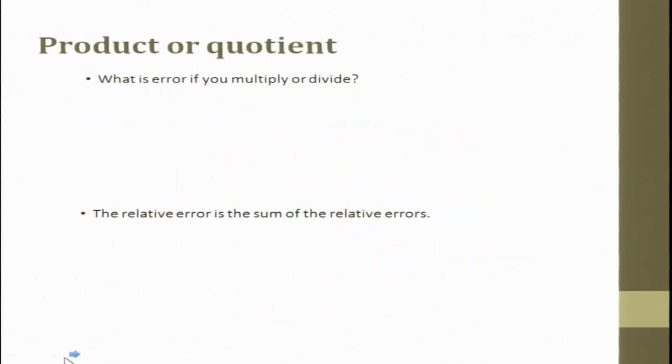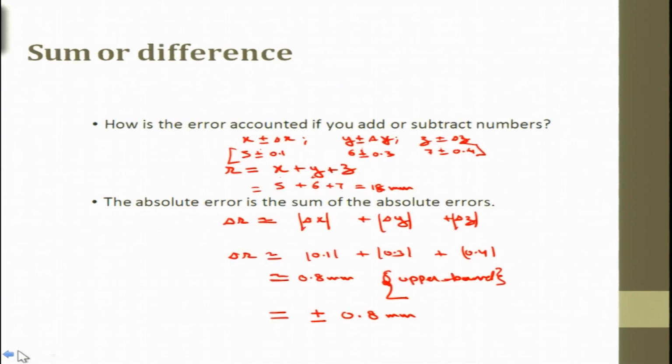So next is product or quotient. What if you multiply or divide the error term? I consider the same values, x plus delta x, y plus delta y, z plus delta z.